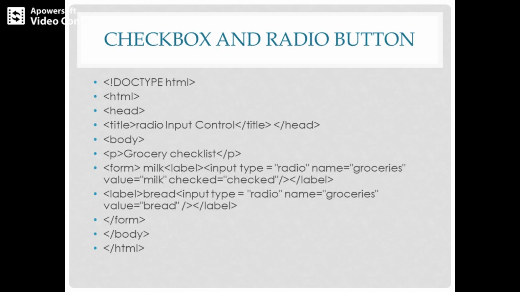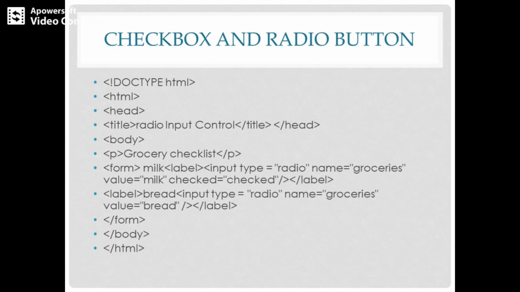In this slide we'll see the input tag with the type in the form of checkbox or radio button. Checkboxes as well as radio controls are used to collect multiple choice inputs. That is, the user can select items from the list, and the checkbox control is a single button that is either on or off.